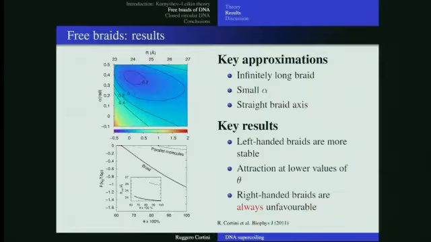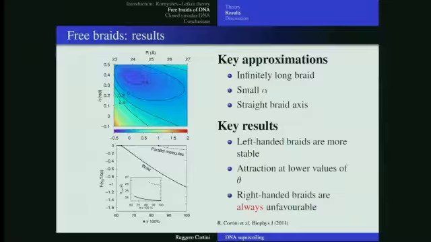And as I was showing before in the cartoon, left-handed braids, in which these right-handed crossings are occurring, are always favored over right-handed braids. And this picture here shows that if you select a particular value of theta, if this angle alpha, which is the tilt angle between the DNAs, is 0, you never have attraction.